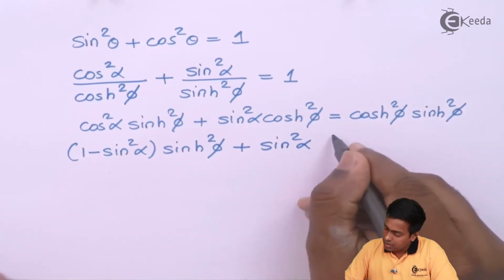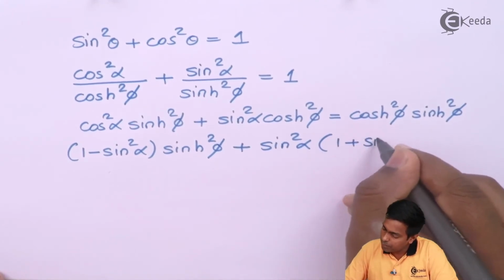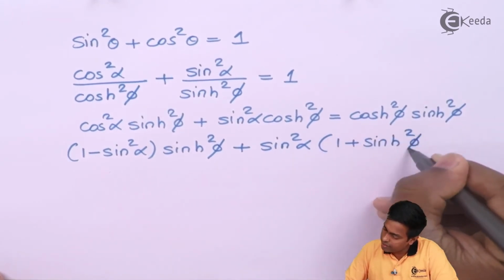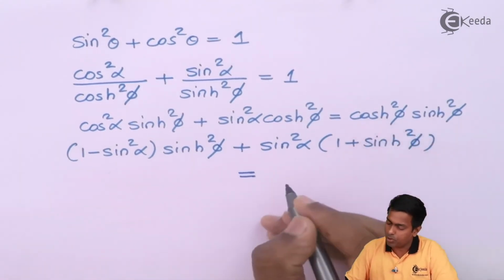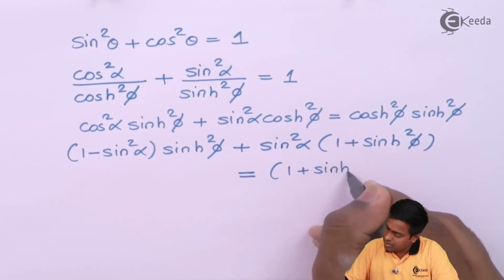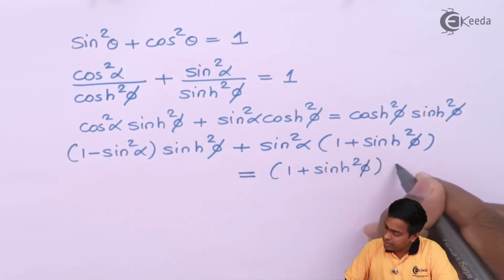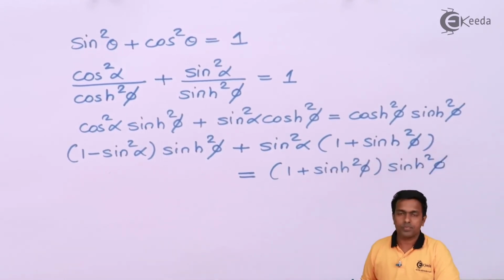Next, hyperbolic cos square phi is 1 plus hyperbolic sine square phi, equal to, hyperbolic cos square phi is 1 plus hyperbolic sine square phi into hyperbolic sine square phi.